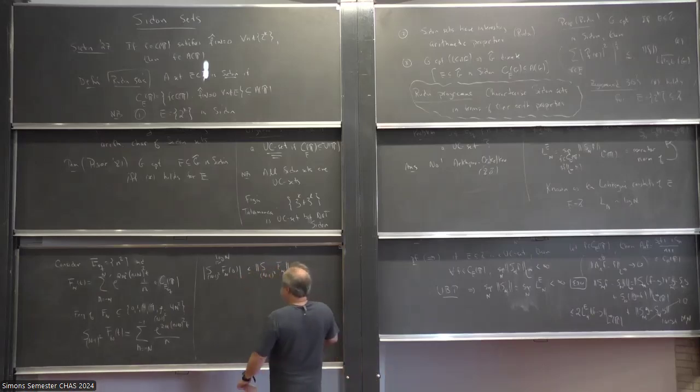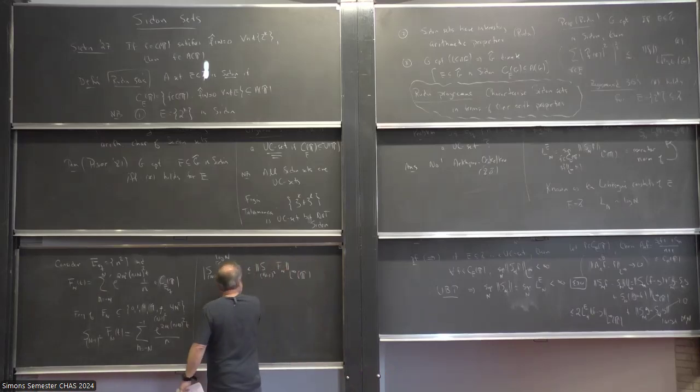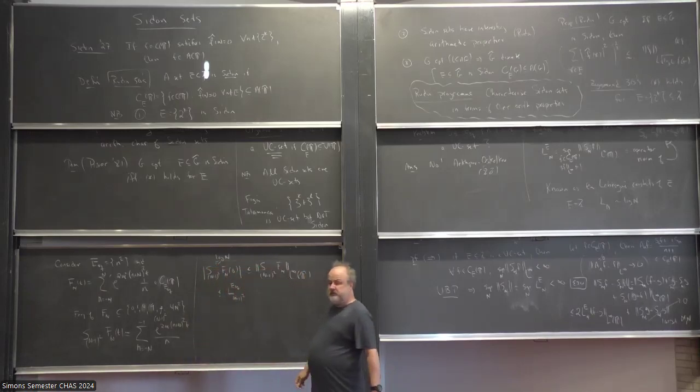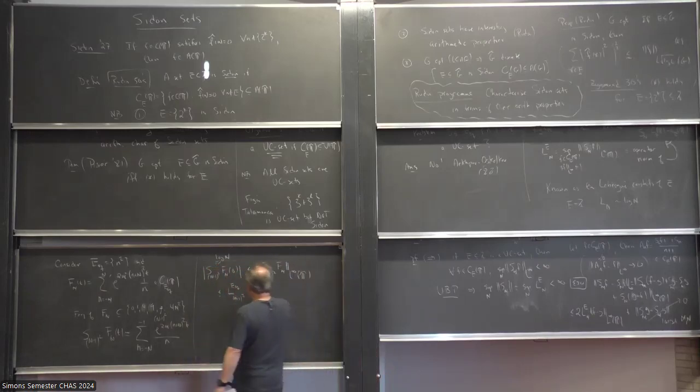So what is this guy? Now this is controlled by the operator norm of this guy. By definition, this is this constant along the squares, of order n minus 1 squared, times the L infinity norm of Fn.